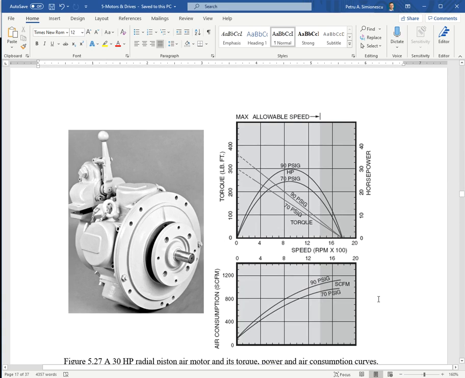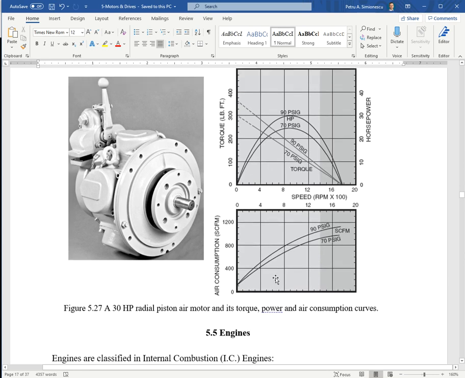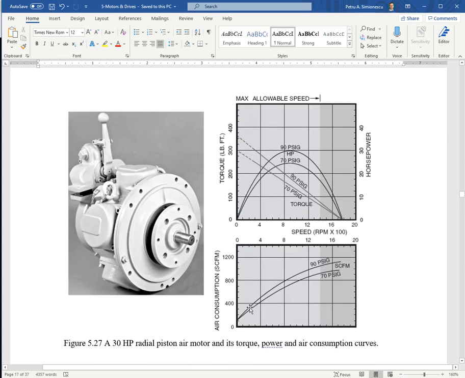Okay, so when it comes to selecting the hydraulic or air fluid pressure, or selecting a compressor, having this type of curves available is very useful. This is a schematic of the air motor. See the flanging, this is the output shaft, and with it you can find from the manufacturer this type of curve.